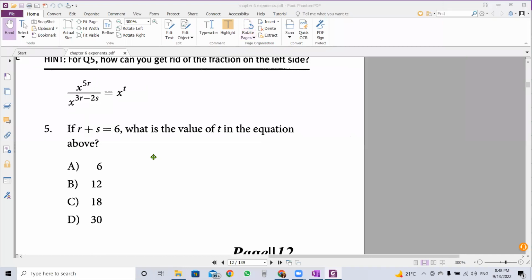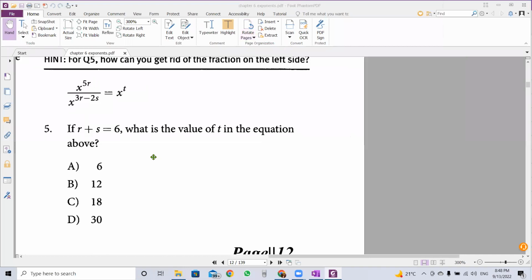Where do you start? Habibi, just use the rules. Ask yourself which rule to start with. It's obvious. Look here, the numerator and denominator have the same base, and it's a fraction. So what would you do? Minus. What do you mean minus?